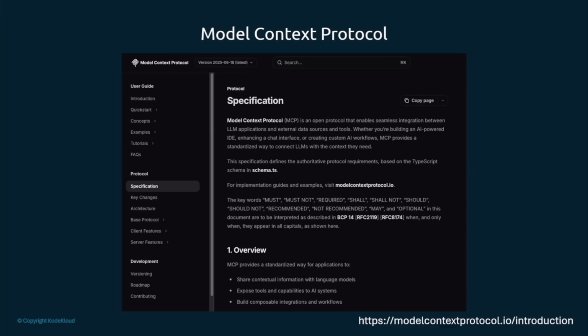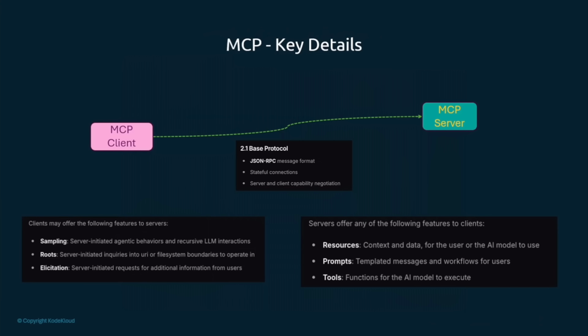If you go to modelcontextprotocol.io and look under specification, you'll see what it means. It defines a set of rules that need to be followed by someone building an MCP server or a client, such as the communication between the server and client must use a JSON-RPC format, the connection must be stateful, the MCP server must offer any of the following features, such as resources, prompts, and tools to the clients, and the clients must offer sampling routes and elicitation features to the servers.